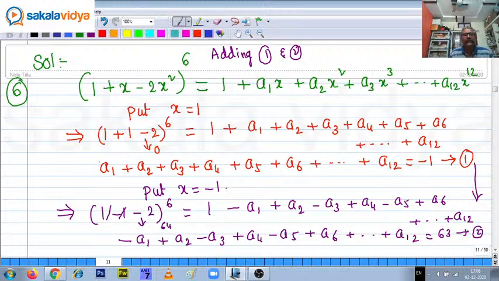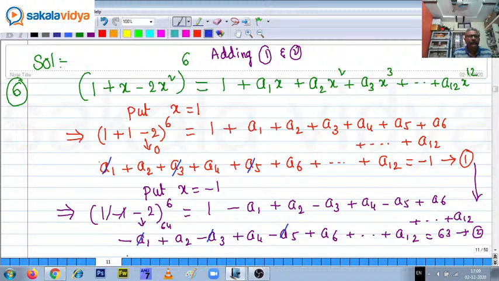What happens here is, a1 and a1 cancel, a3 and a3 cancel, a5 and a5 cancel. Next, a2 plus a2 is 2a2, a4 plus a4 is 2a4, a6 plus a6 is 2a6, a12 plus a12 is 2a12. And 63 plus minus 1, 63 minus 1 is 62.